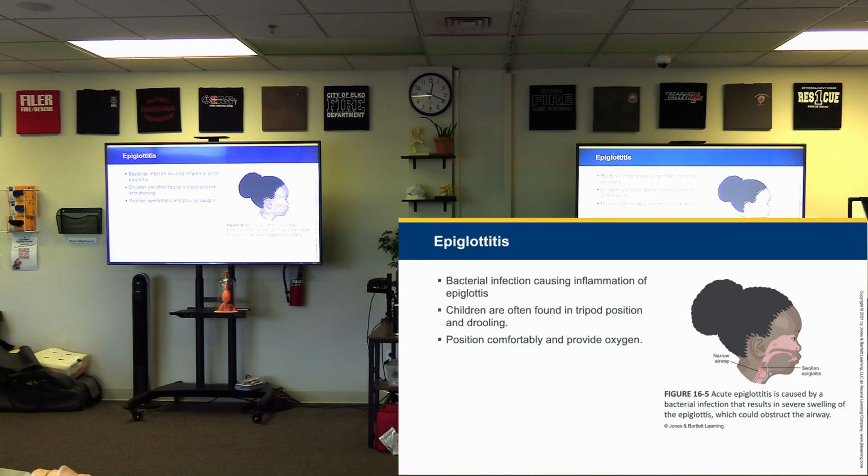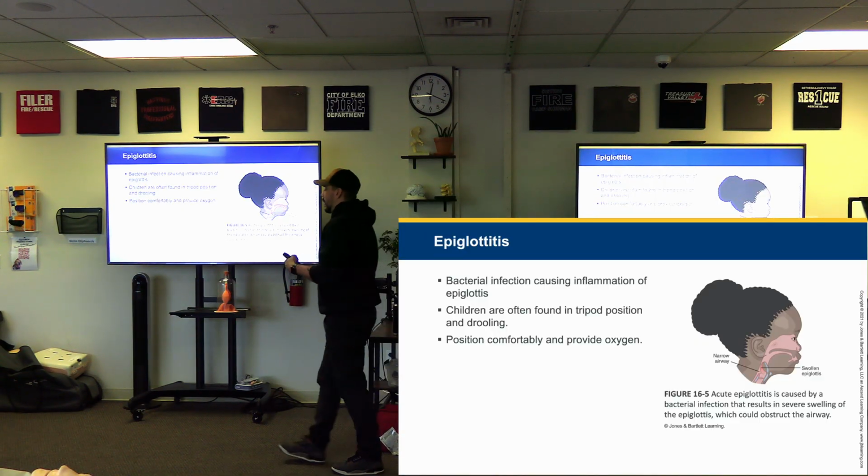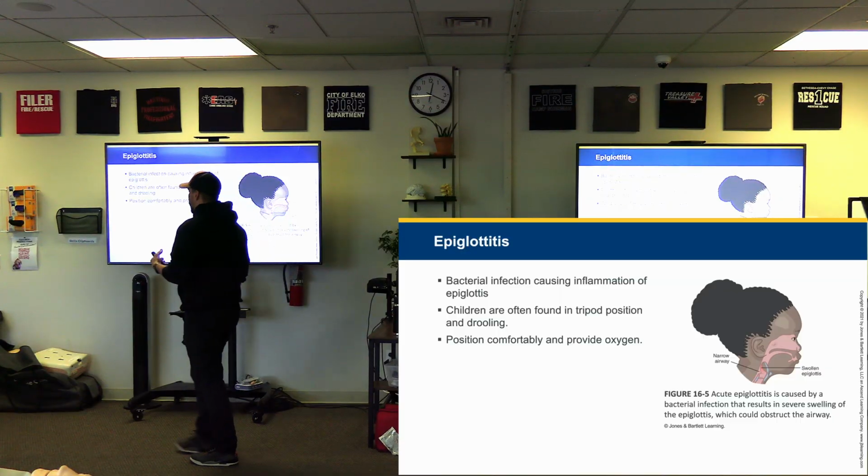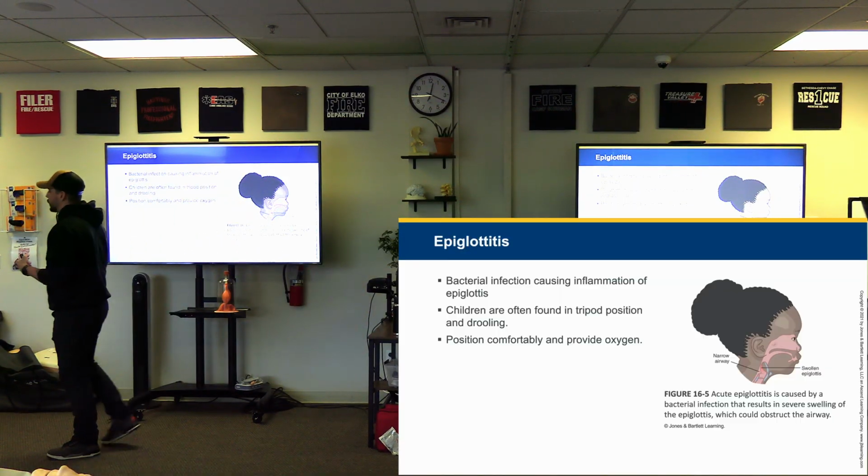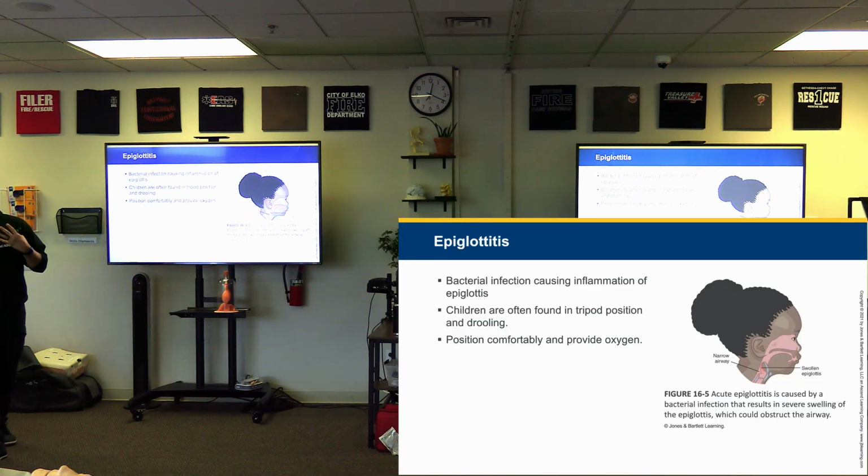Now when it comes to treatment of these kids, they're a little fickle, okay? We'll find out in the pediatric chapter down the road, but children's epiglottis is larger and a different shape than the adult epiglottis, okay? Since it's bigger, it's going to be inflamed with epiglottitis, meaning it's going to get even bigger.